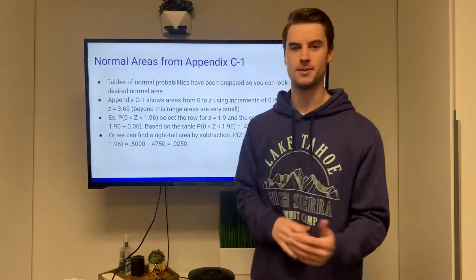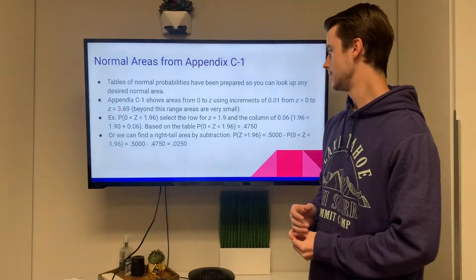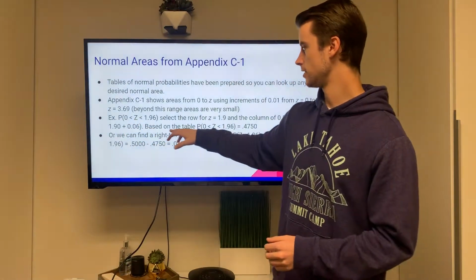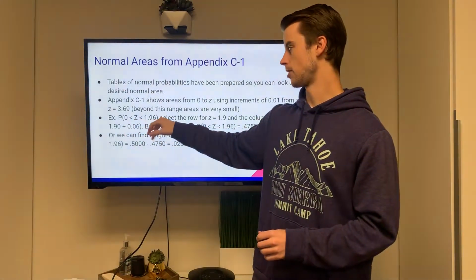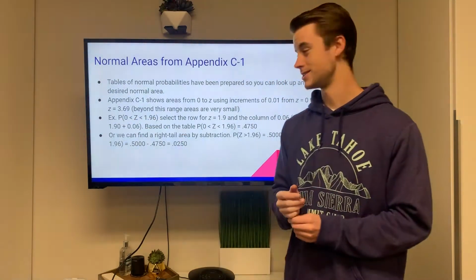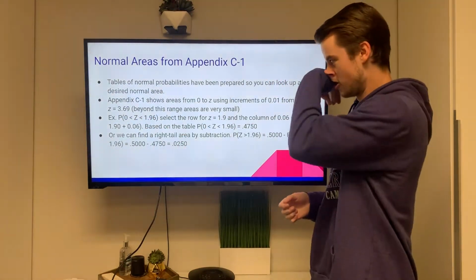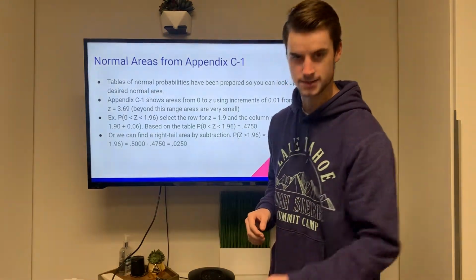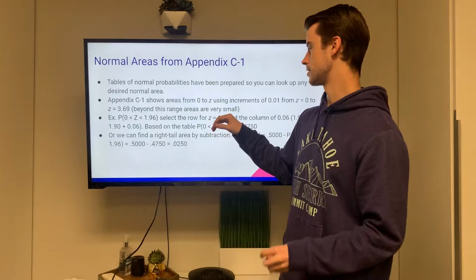I put a couple of examples here so you can look at them. If we wanted to find the probability of an event where z is between 0 and 1.96, we would go to Appendix C-1, page 767 of your textbook.